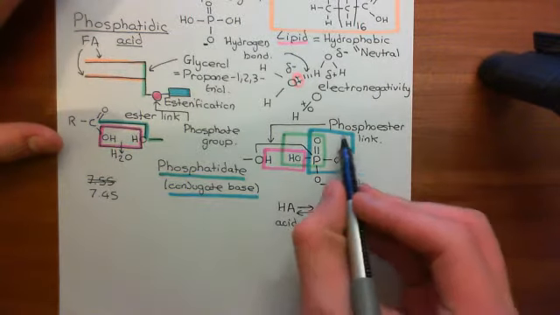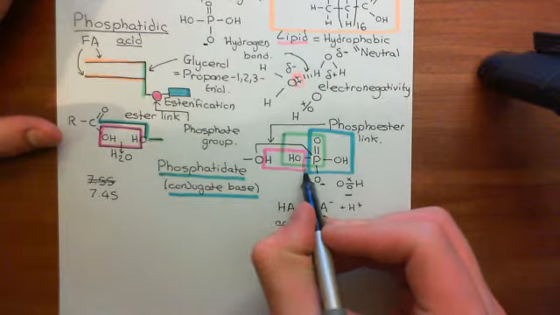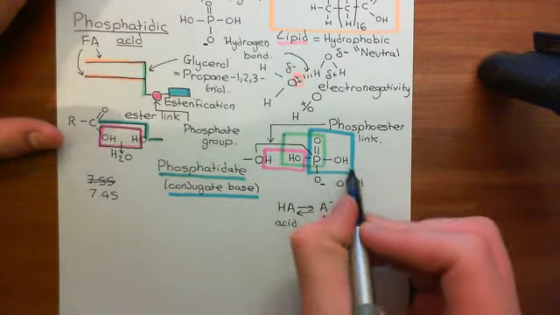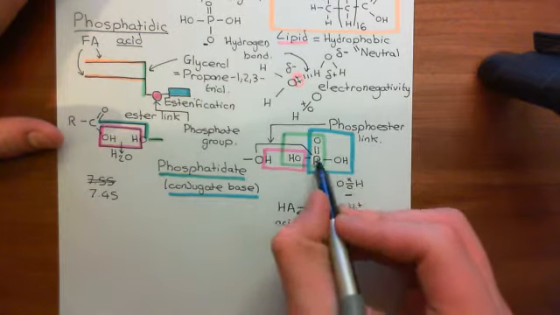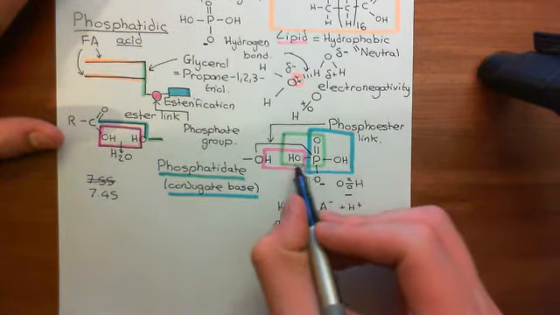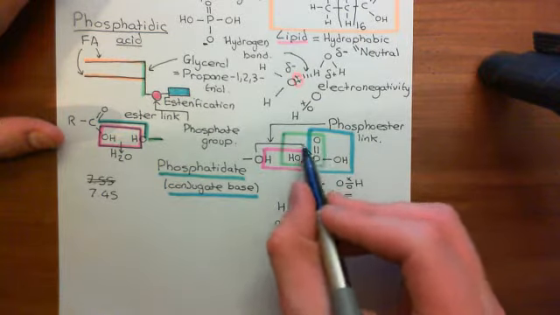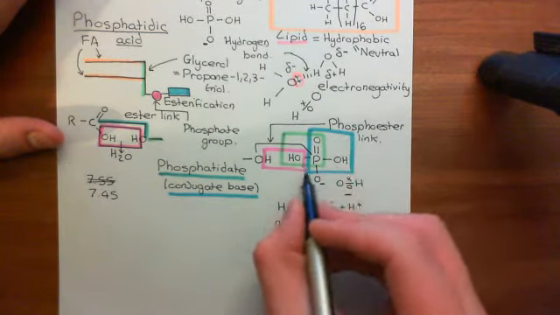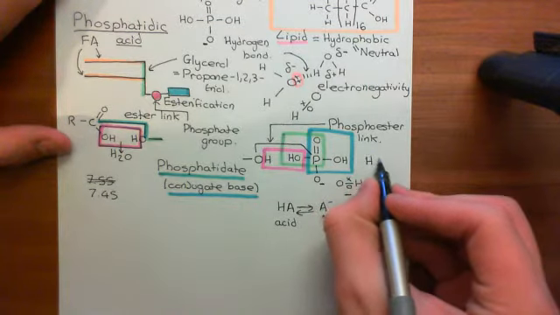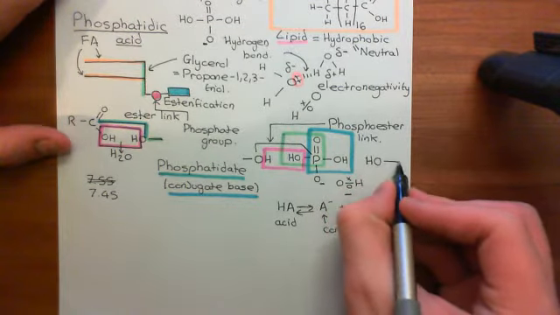Well, in phosphatidic acid, we still have this existing group where a phosphorus atom is double bound to an oxygen with an alcohol group. Phosphate groups have two of these effectively, and this group circled in blue is now capable of reacting with another alcohol group on another molecule.